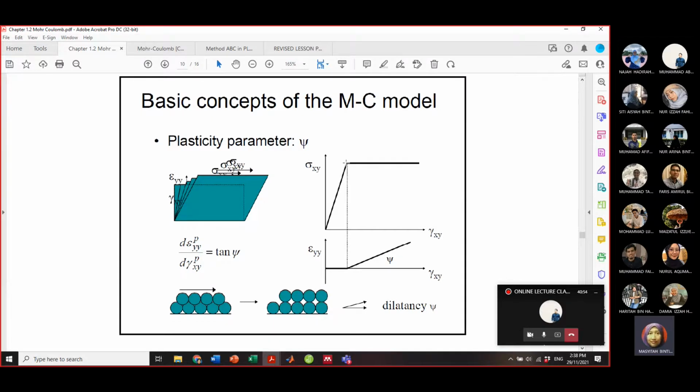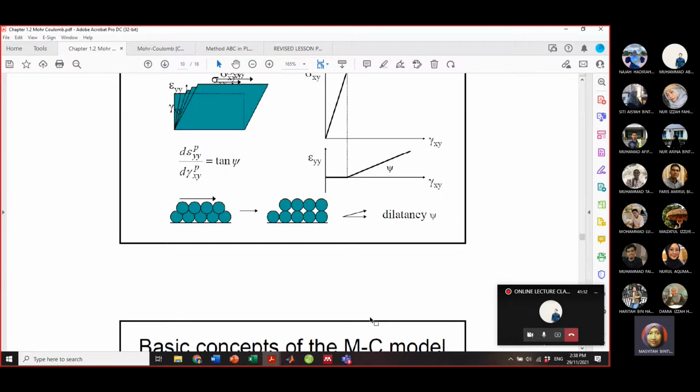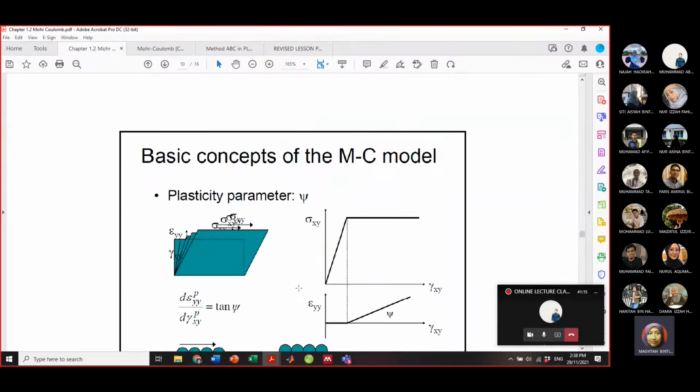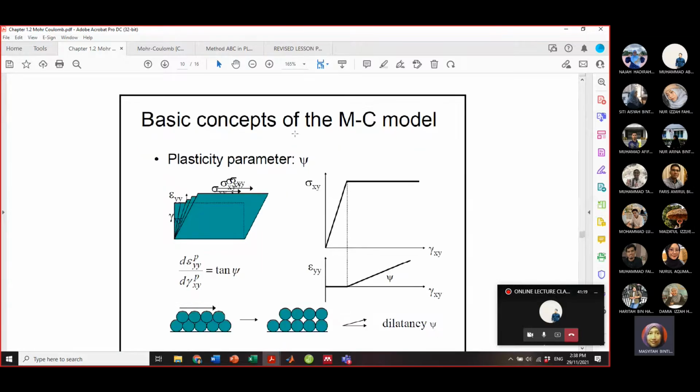When it reaches the yield stress or yield criterion, the stress is constant but the strain and also the volumetric strain increase. So this is the time where you need to determine exactly the dilatancy angle at the yield point. So that's why among the 5 MC model parameters, this also cannot be neglected.